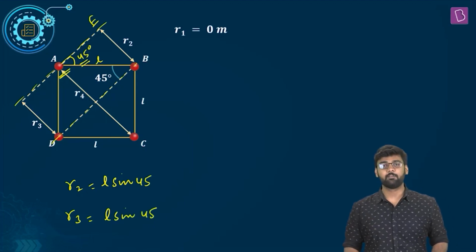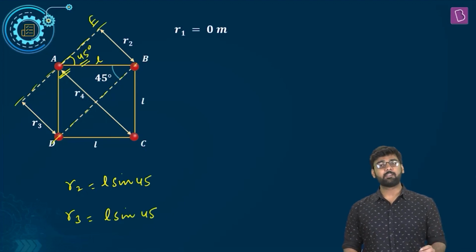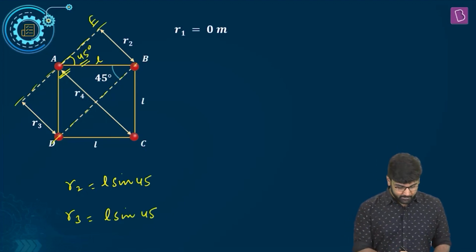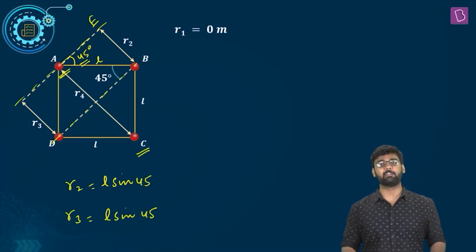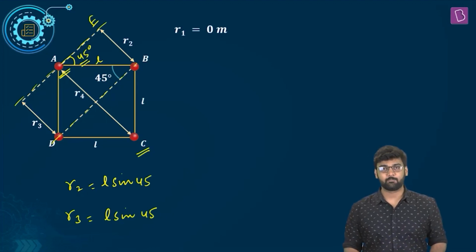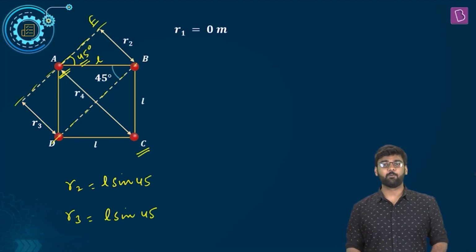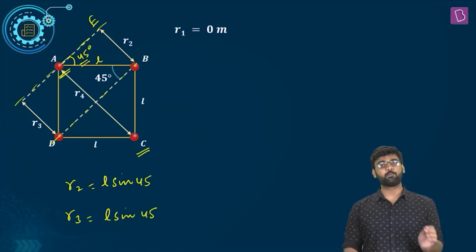Now what is left? We need the distance R4 for the particle which is placed at C. And this R4 is nothing but the diagonal of this square. We know that diagonal of square is directly given by root 2 times the length or the side of the square.